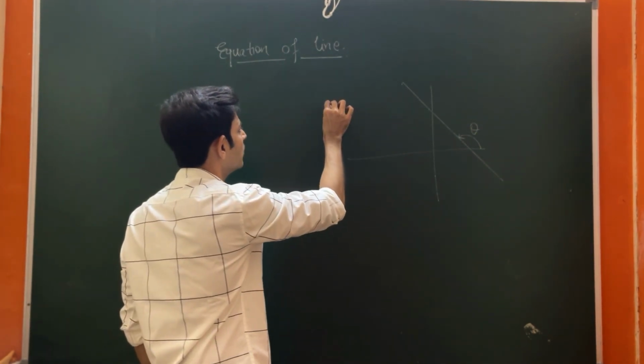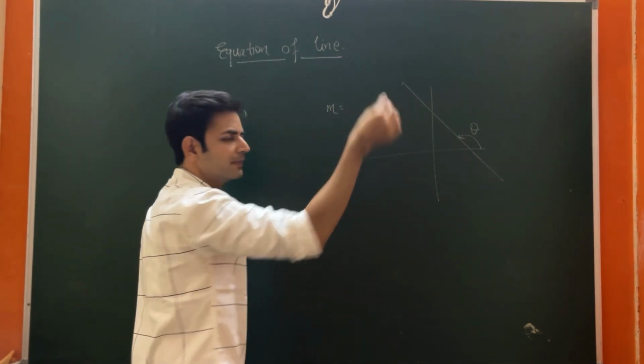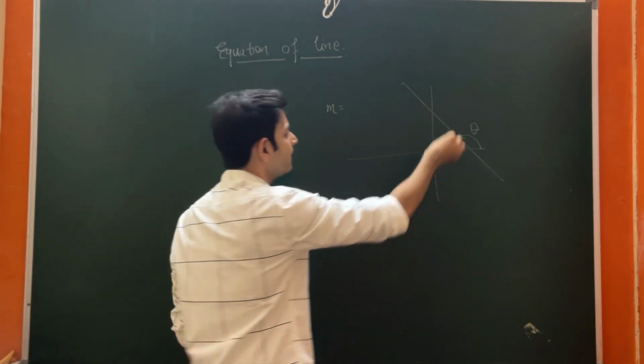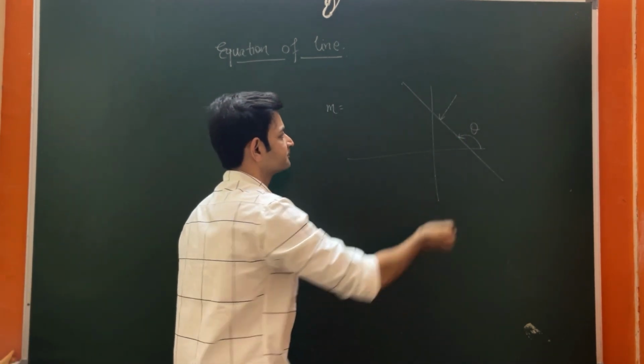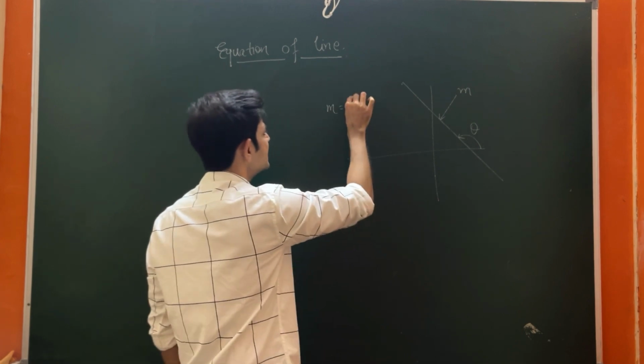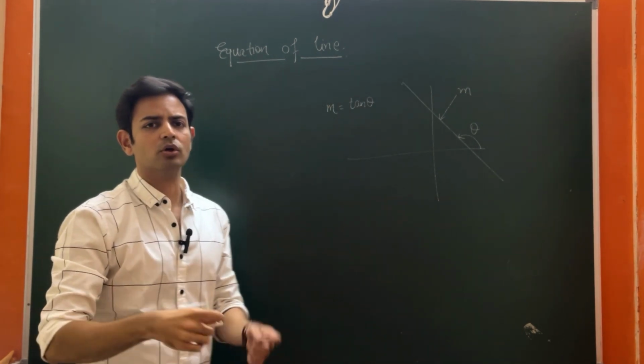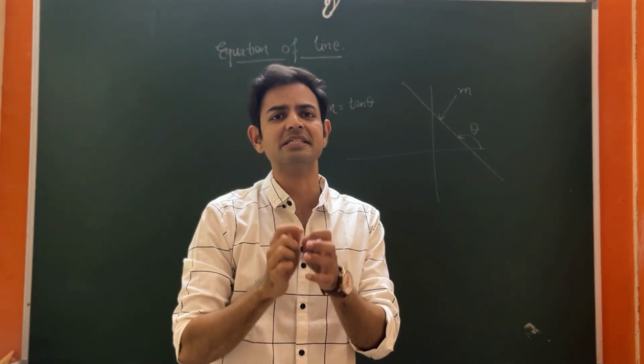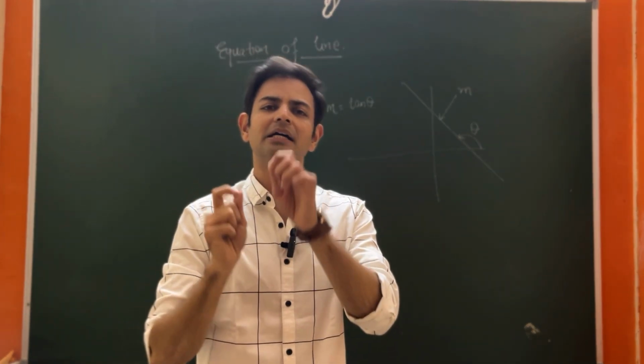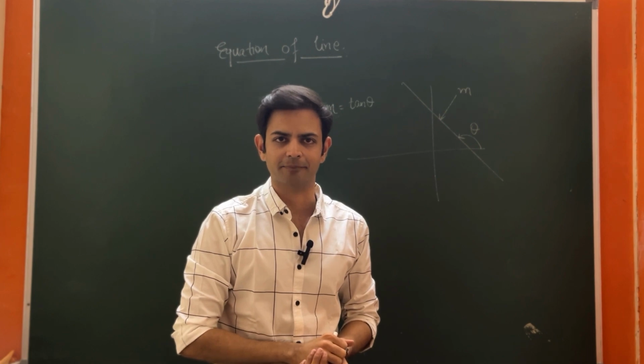When we use this inclination for slope, that is m, the slope of this line is equal to tan theta. The word slope is also used as gradient. So if you see somewhere gradient as the word, consider that as the slope only.